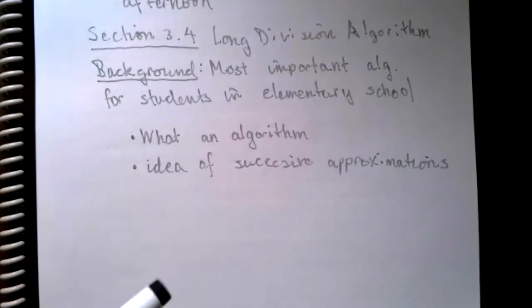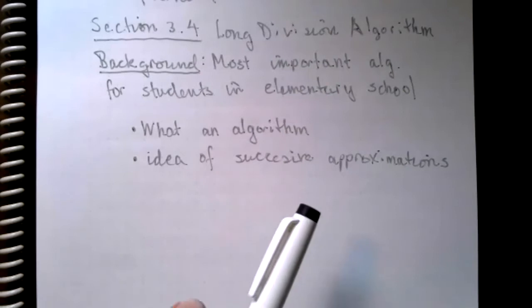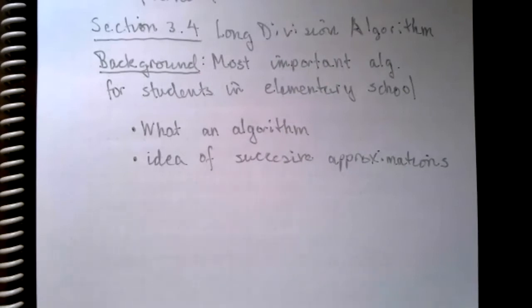It introduces students to the idea of making successive approximations. Okay, so when we don't know what the answer is to start, each step in the process of long division is going to get us closer to the answer. And if we stop the algorithm at any point in the middle, we'll have a better approximation than the stage we had before.